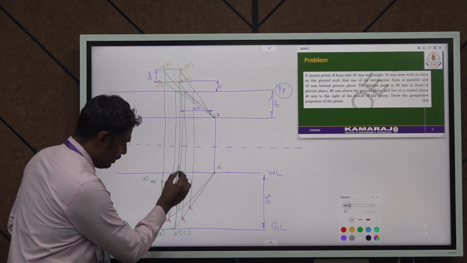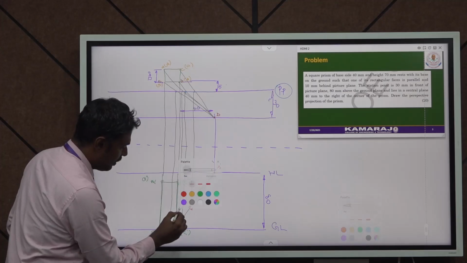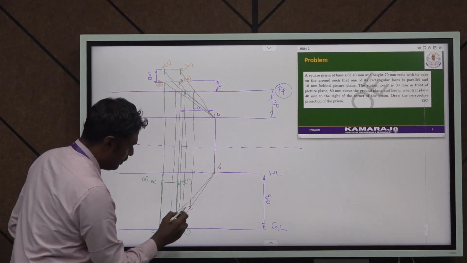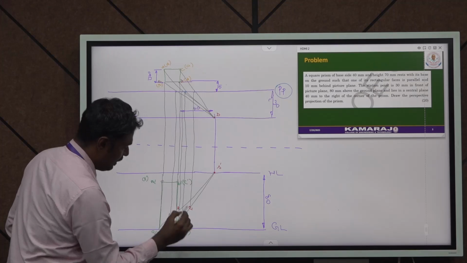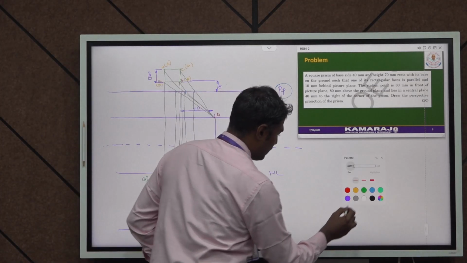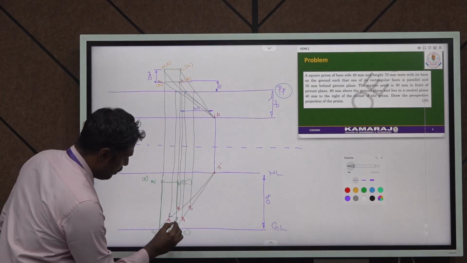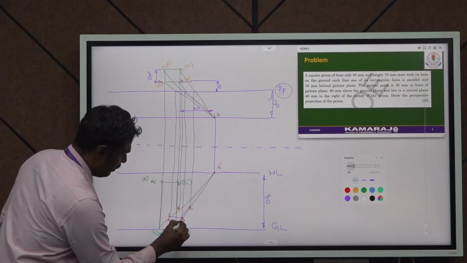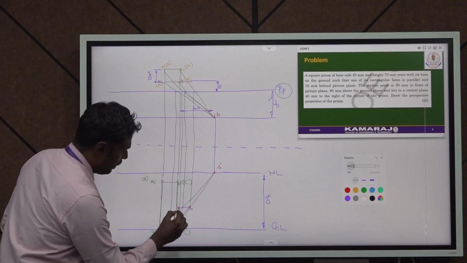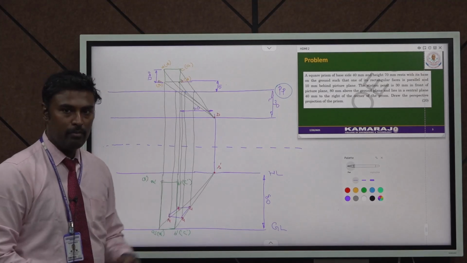Here you can locate the point D1. So now you can connect all these 4 lines, that is the base of the square prism. That is A1 to B1, B1 to C1, C1 to D1, and again D1 to A1. So this is the base of the square prism.